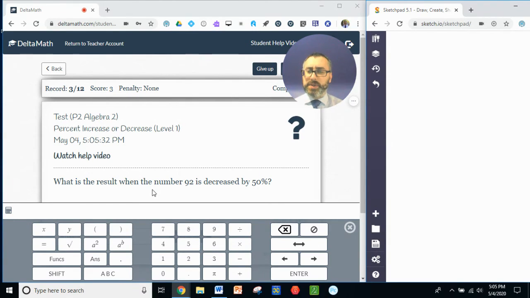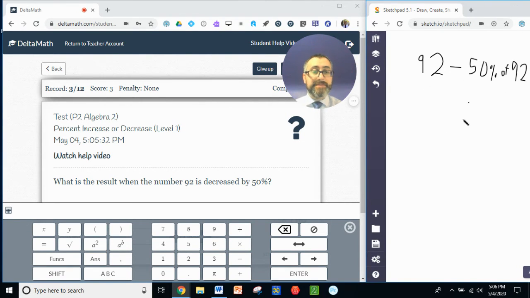What is the result when the number 92 is decreased by 50%? Ooh, 50% off. That's quite the sale. So if my original number was 92, and I need to take away 50% of that, we can use some of the skills that we've previously practiced.